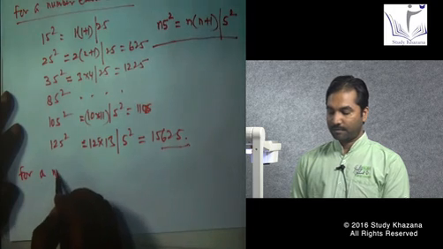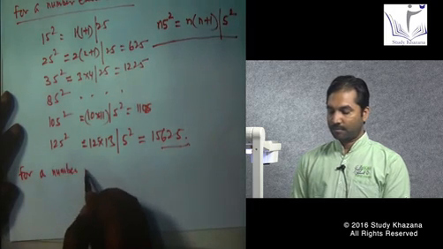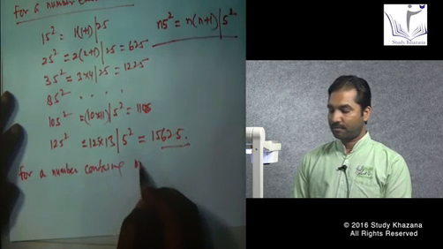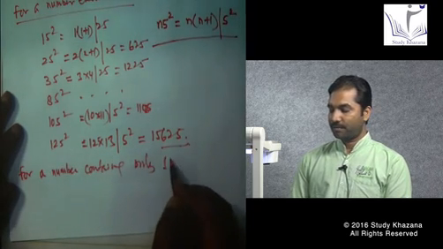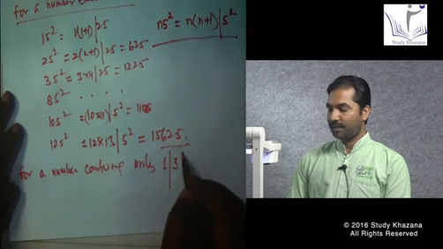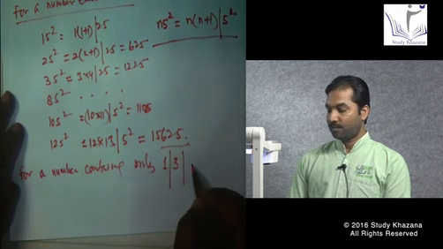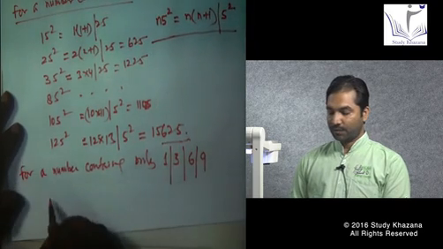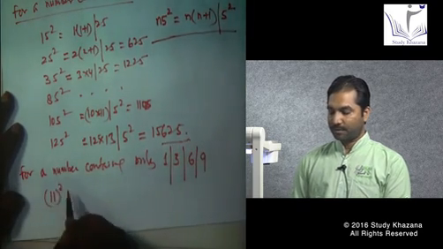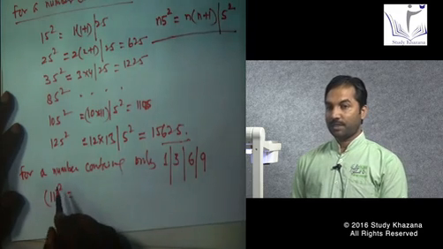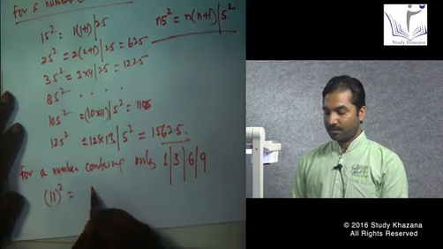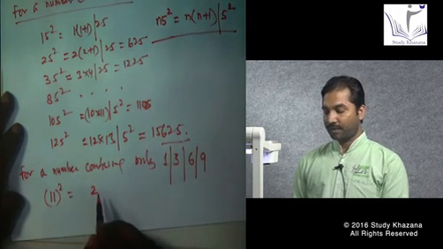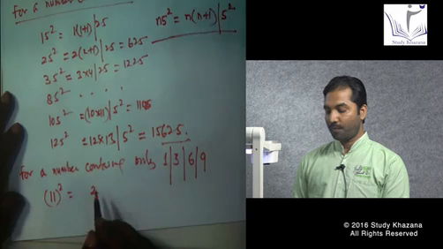For a number containing only 1, only 3, only 6, only 9. In case of 11 square, write 2 because here are 2 ones, and go backward and forward by descending to 1.